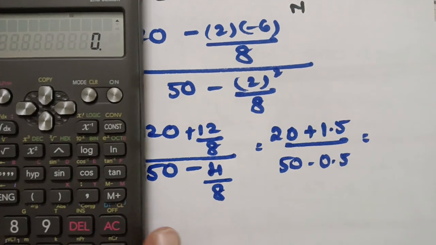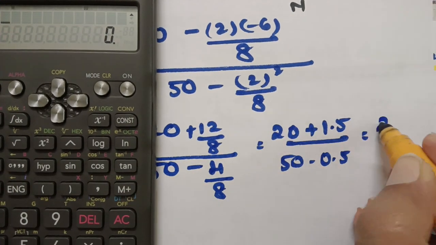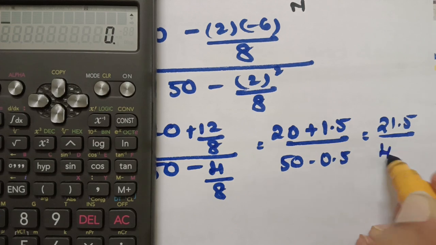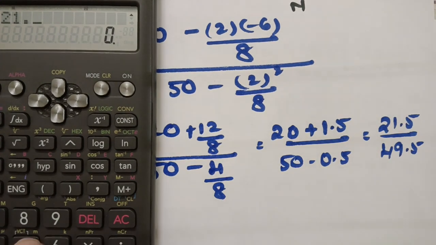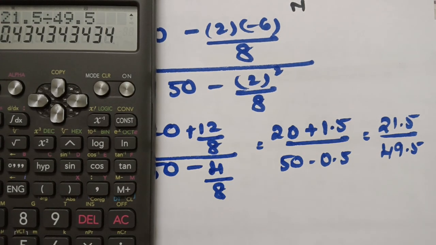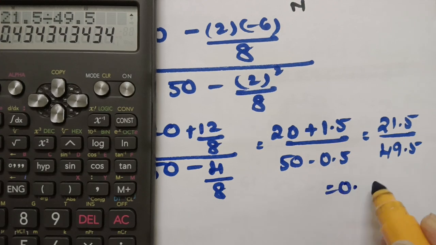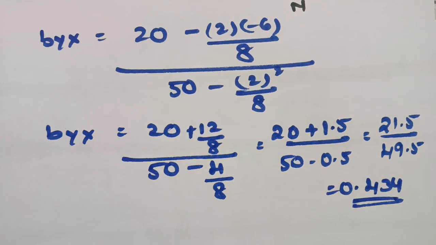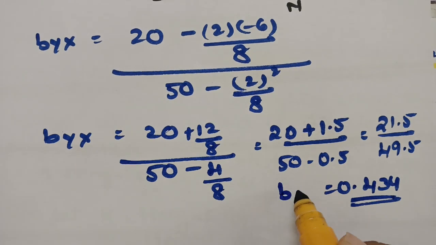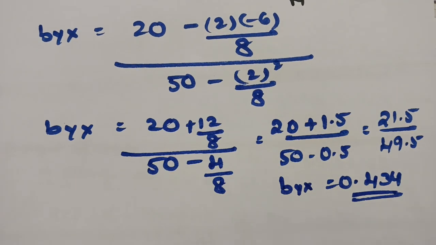So here this will be 21.5 and this is 49.5. So 21.5 divided by 49.5, the value here is 0.434. This is b y x. So we got b y x value as 0.434.